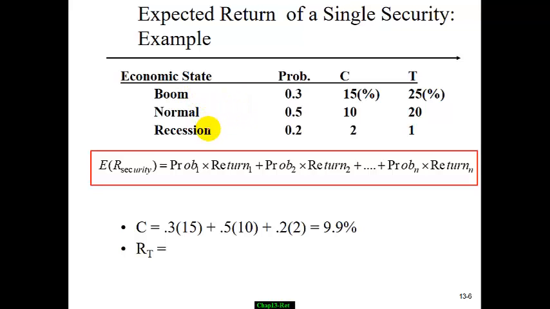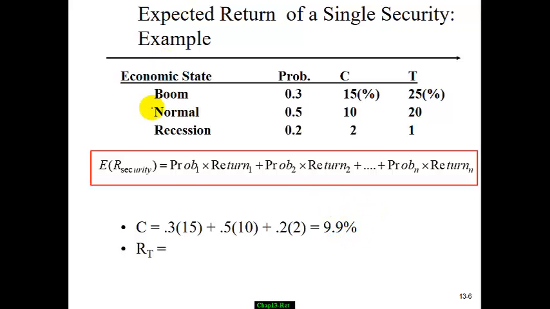Then we repeat for the other two economies. Under a normal economy, there's a 50% chance we hit this economy, and C will give us 10% returns. Same thing, a 20% chance we hit a recession, and we only get 2%. So this gives us an expected return for C equal to 9.9%.